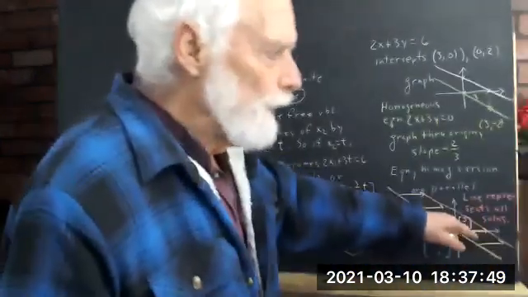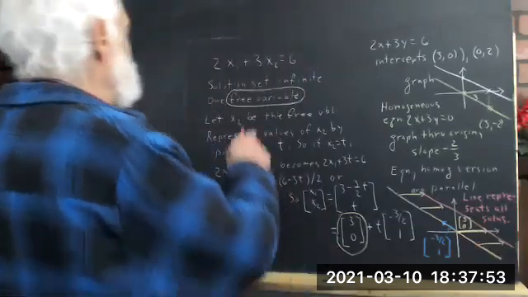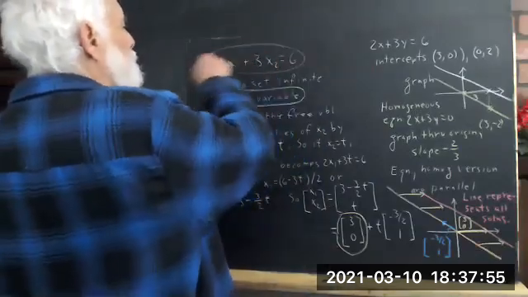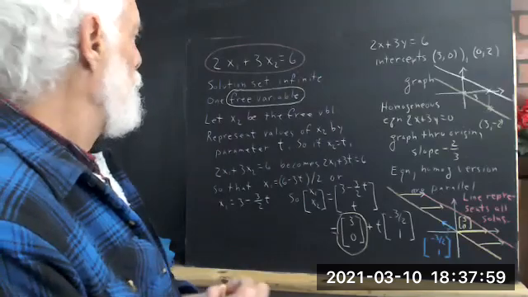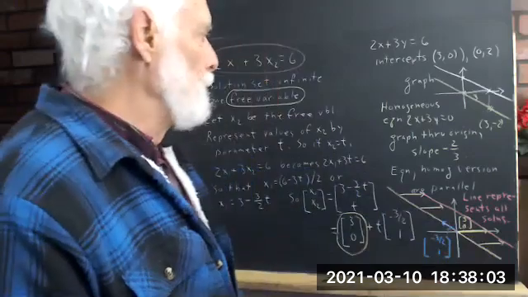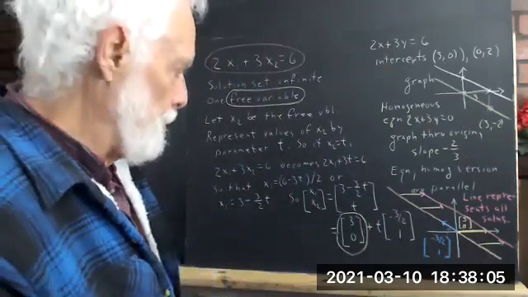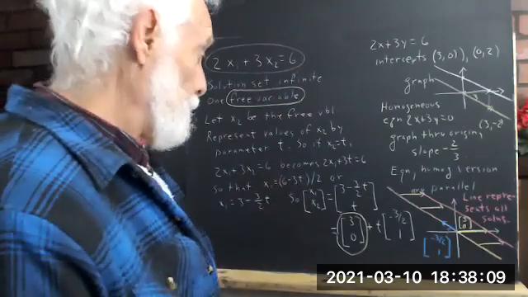This line represents all solutions of our equation. This line represents all solutions of the homogeneous equation. Now, I didn't leave myself room to write that anywhere.